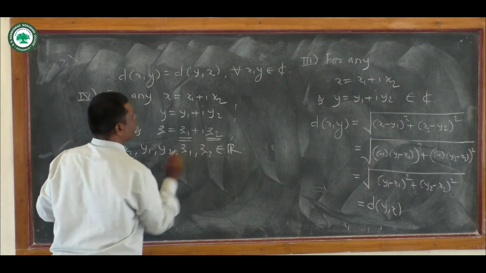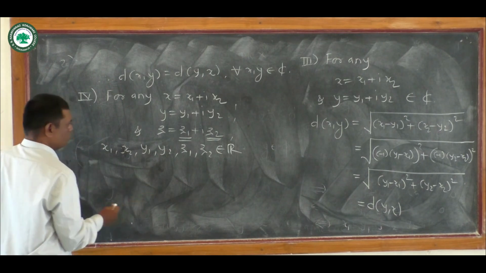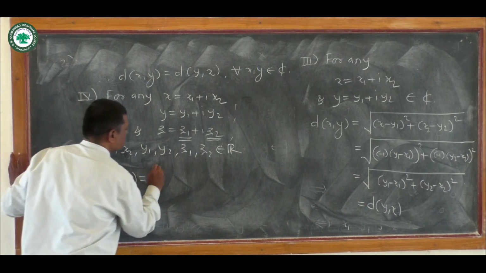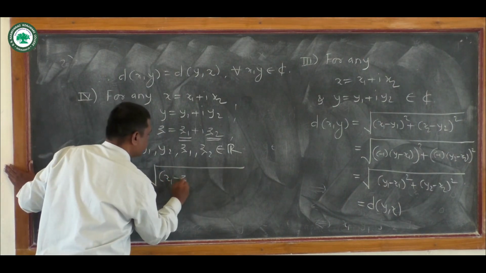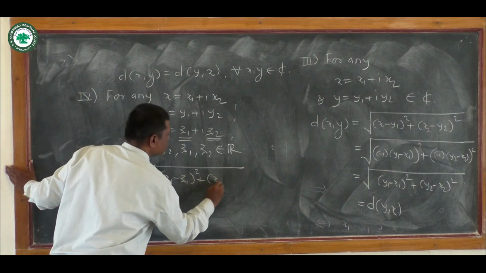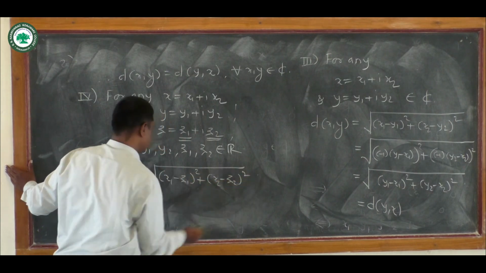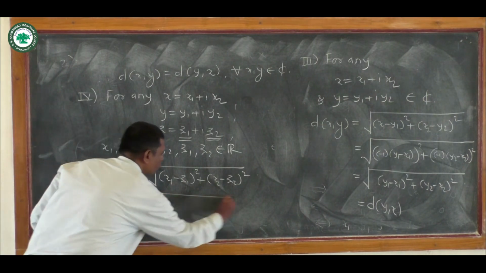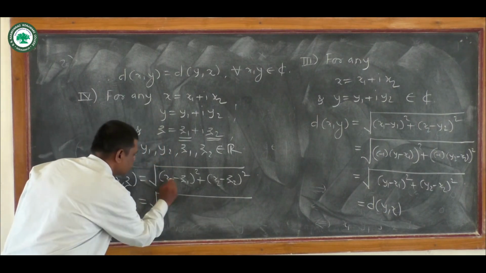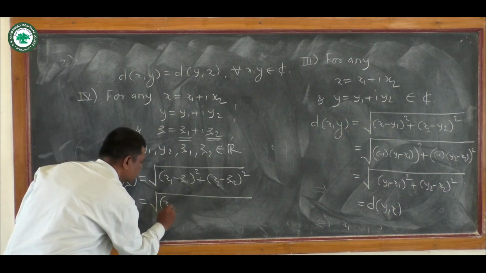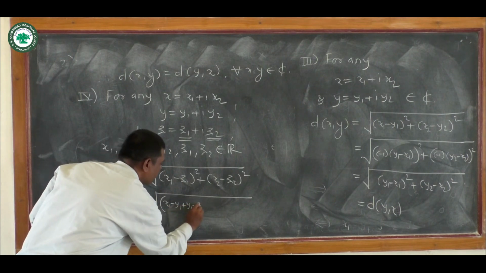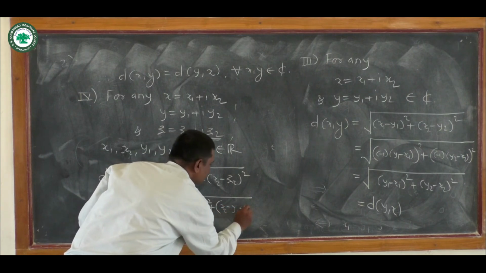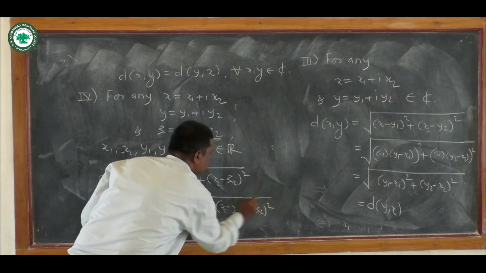Now the distance between x and z is square root of (x1 minus z1) square plus (x2 minus z2) square. To prove the inequality, we have to use y1 and y2, so we subtract and add y1: (x1 minus y1 plus y1 minus z1) square plus (x2 minus y2 plus y2 minus z2) square.